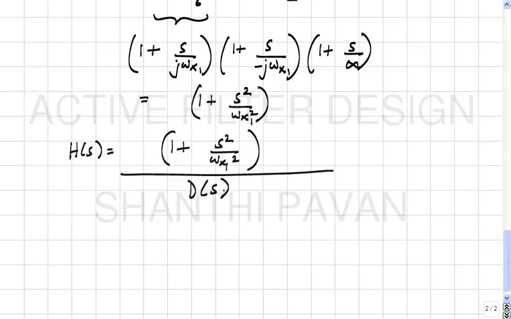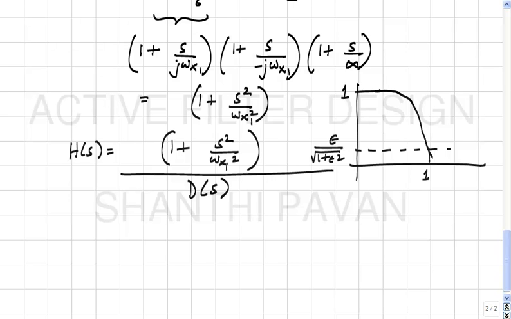And how will the response look? It will be 1 at DC, and epsilon by square root of 1 plus epsilon square at the stop band edge, which is 1. We still don't know how this goes between here and there. All that we know is it's monotonic, because the Chebyshev polynomial ripples and keeps going up ad infinitum.